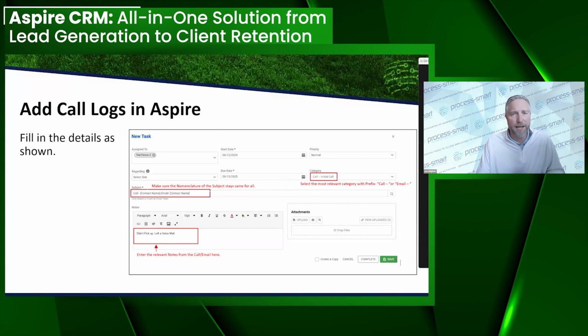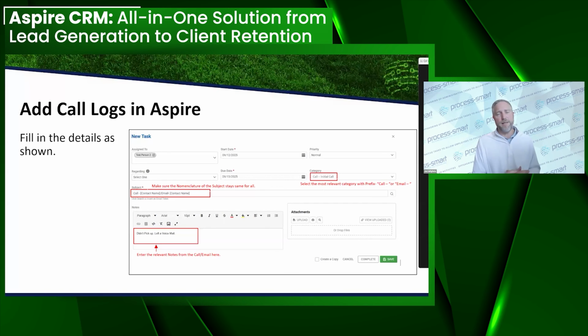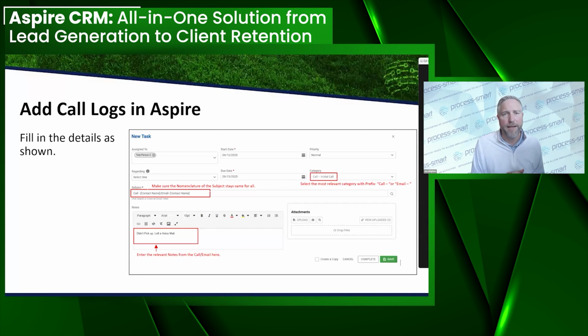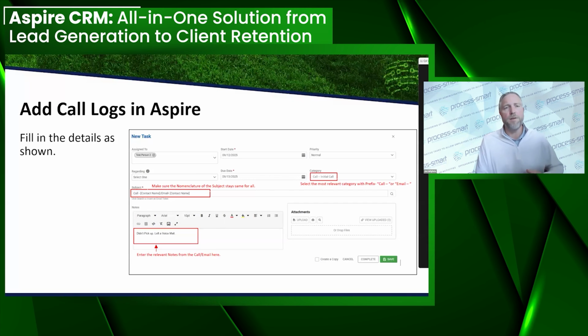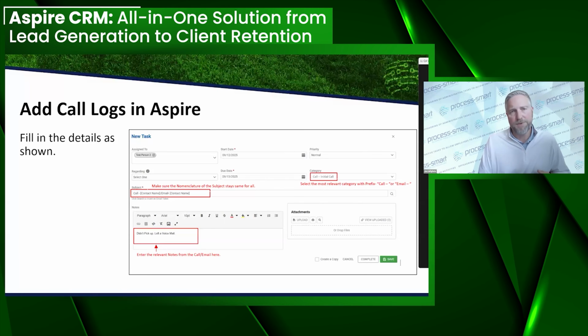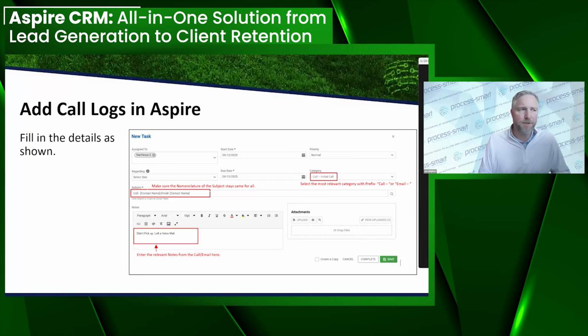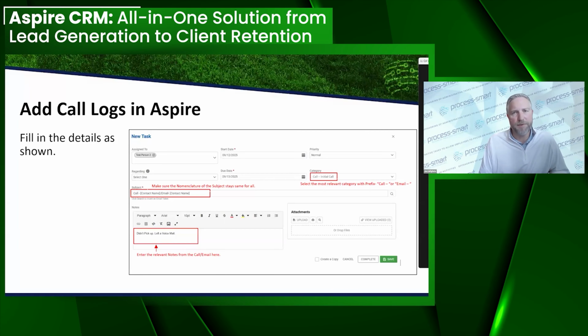You can pick different categories. The categories that are built in are fairly comprehensive, and by utilizing them for your initial call, follow-up call, different types of emails, again, you can really drive sales effectiveness to determine what matters in terms of converting folks.